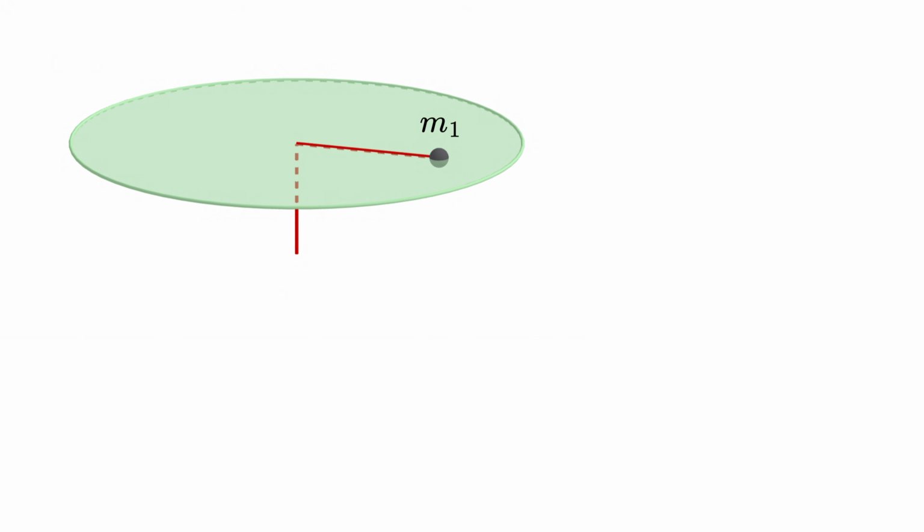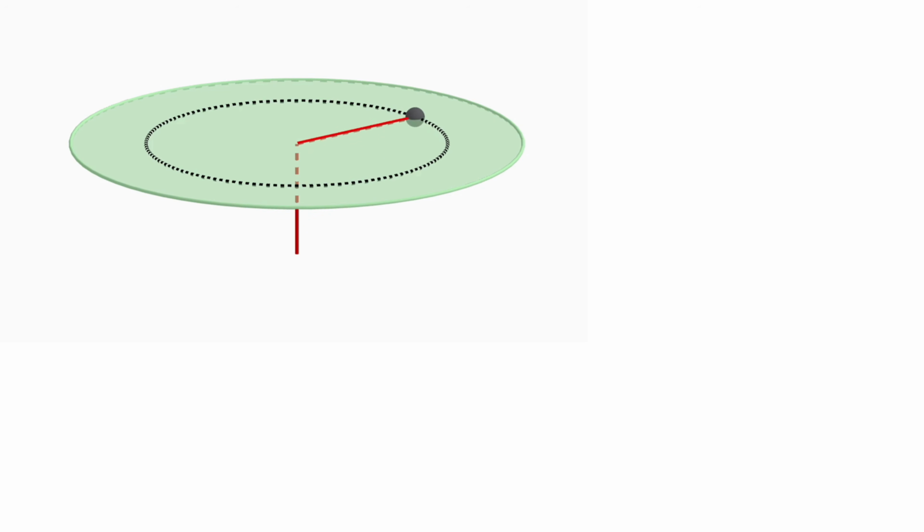We have a small mass, m1, called a puck, placed on a horizontal frictionless table and attached to a light, inextensible string. The puck moves in a horizontal circular path of radius r on the table, while the other end of the string passes vertically through a small hole in the table and has another mass, m2, attached to it, hanging freely below like this.